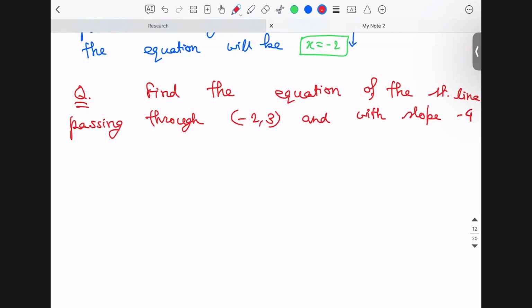So what information do we have here? The straight line passes through the point (-2, 3), and it has slope equal to -4. So we know the slope of the straight line and a point on it.